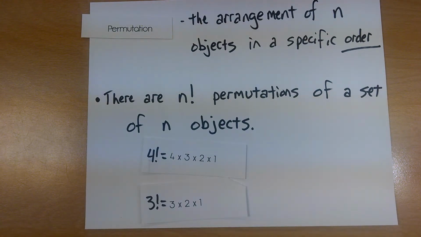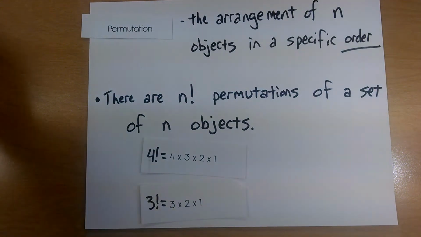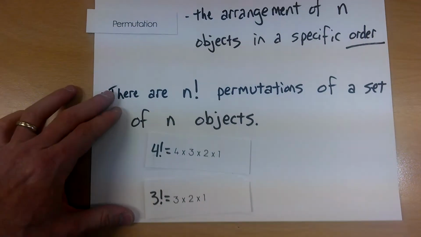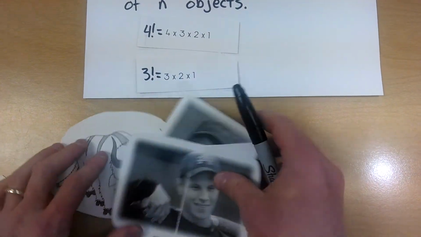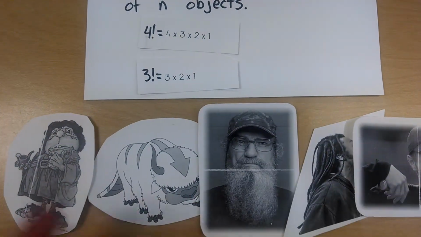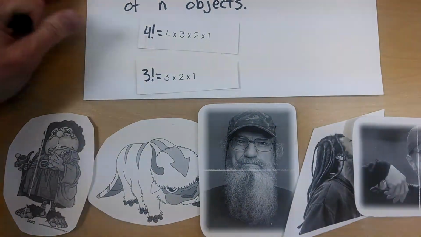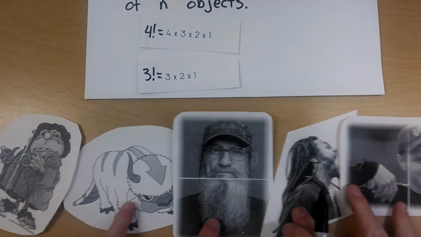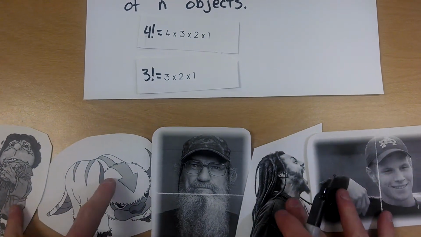Okay, so again, if we have, let's throw in a fifth character. We've got our 4, and then let's throw in Bilbo. So now we've got 5 characters.